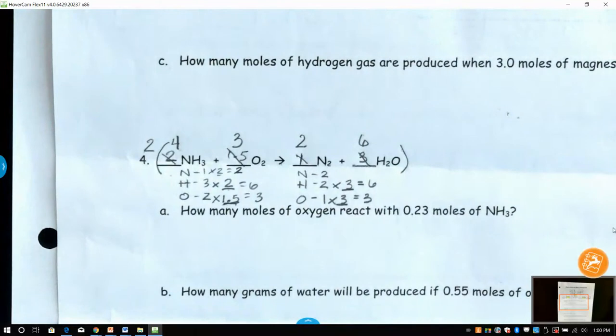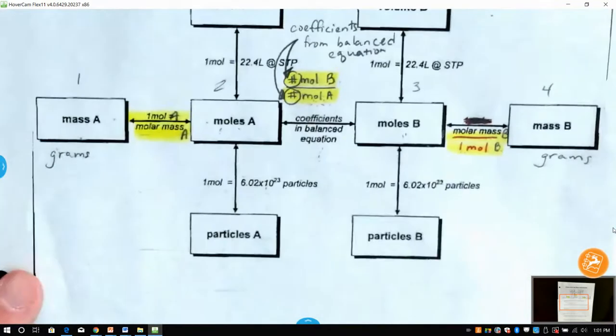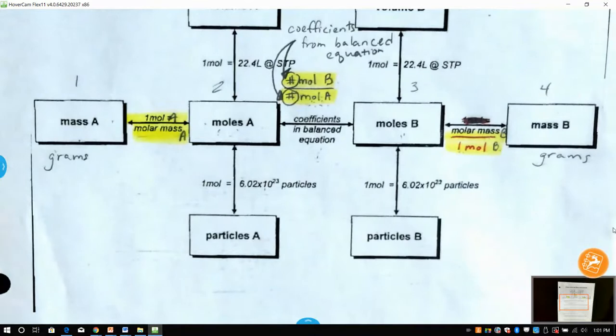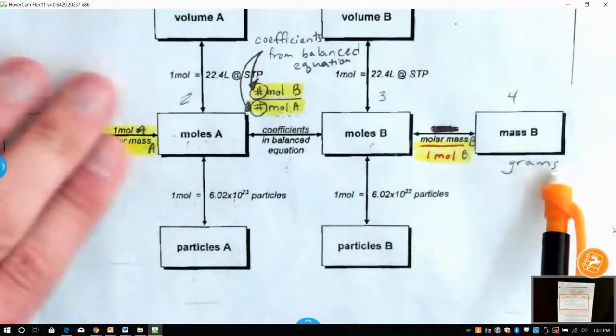All right, so what I want to make sure you guys are good with, underline your A's, what you're given, that substance, what you're looking for, that is going to be substance B, and then make sure you use your mole map, and it will help. And please do them in order, don't do them out of order. So for example, I had someone in one of my classes, they were going from 2 to 4, right?